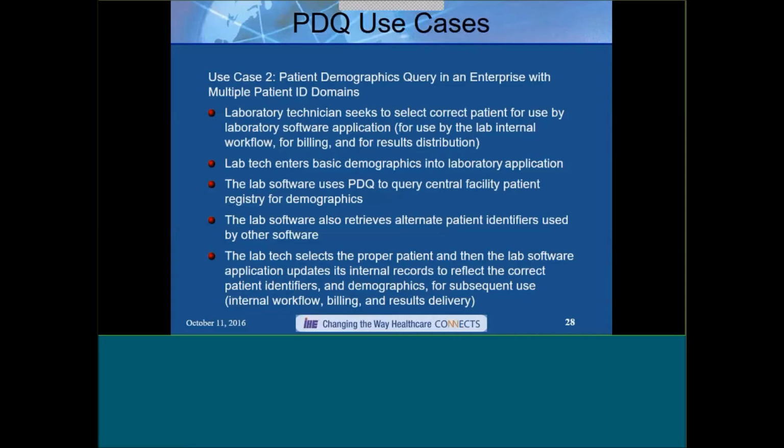The lab software then uses a PDQ query to query the central facility patient registry for demographics. The lab software also retrieves alternate patient identifiers used by the other software, and the lab tech then selects the proper patient from a list. At that point, the lab software can update its internal records with any demographics that came down, as well as any identifiers it did not previously know about.